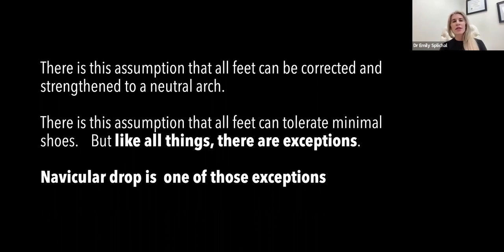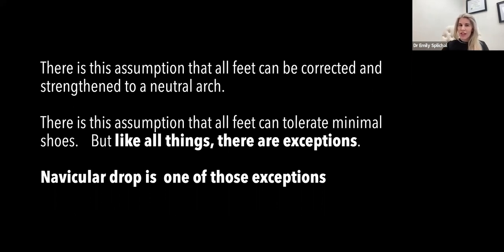Now there is an assumption that all feet can be corrected and strengthened to a neutral arch. To set the tone again, I am a functional podiatrist. I bring a majority of my patients out of orthotics into natural minimal footwear, into foot strengthening, into a sensory rich environment. However, there is this assumption that all feet can tolerate minimal shoes.